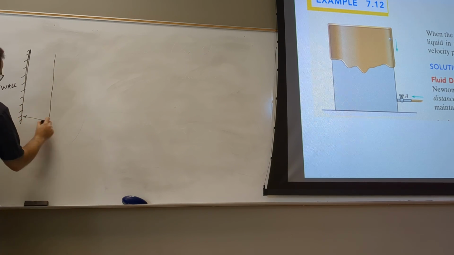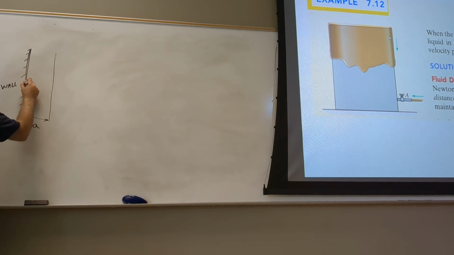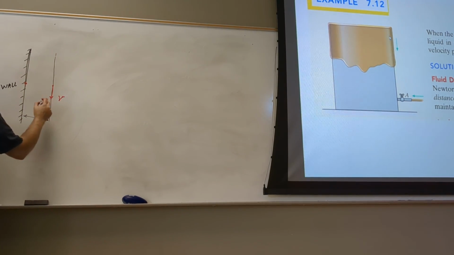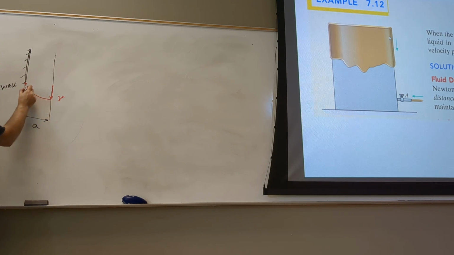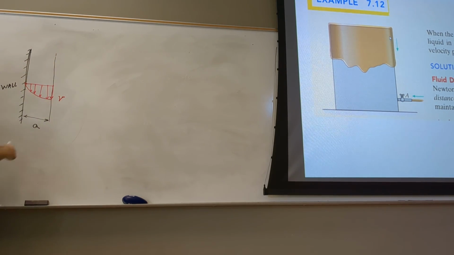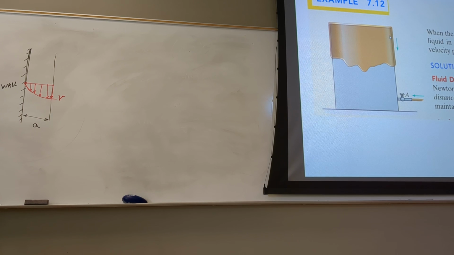The thickness is A. And the velocity profile: the velocity here is 0, and the velocity here is some V, right? It goes from some non-zero value on the edge, and then it goes to 0 at this point. So that's what we have here.